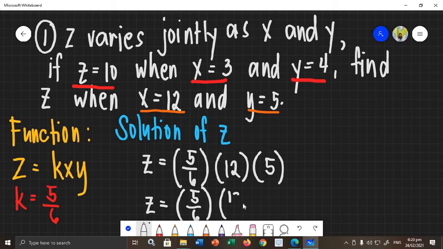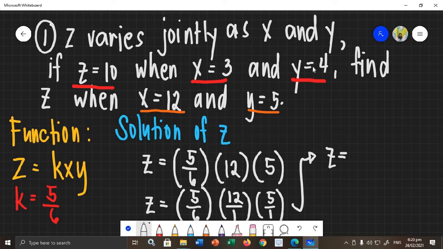So, it will become like this, 12 over 1, then 5 over 1. Then, just multiply the numerators and then the denominators, and if they can still be simplified, then you can simplify. Okay? So Z is equal to 5 times 12, that is equal to 60.